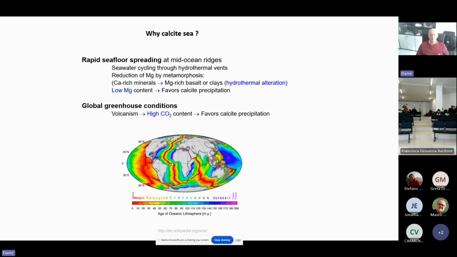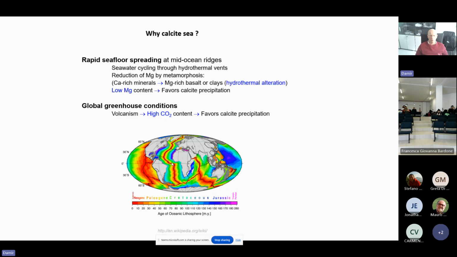During that process of hydrothermal alteration, the concentration of magnesium is reduced because calcium-rich minerals become magnesium-rich basalt or clays. So seawater is low in magnesium because magnesium reacted and is present in basalt. Low magnesium content favors calcite precipitation.